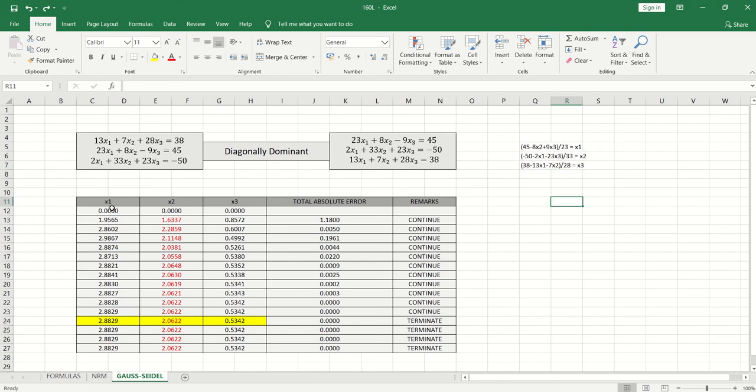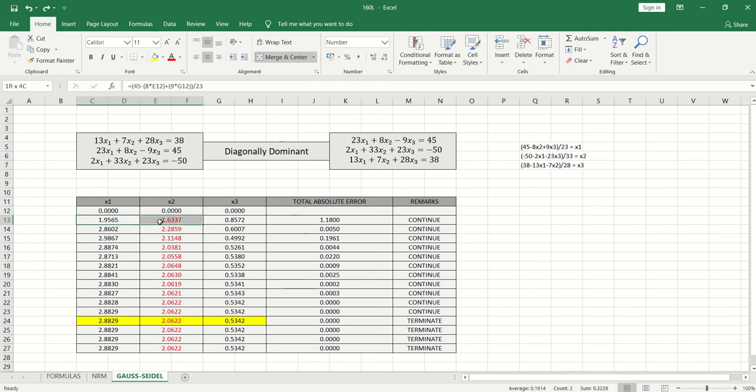Using an initial value of 0, 0, 0 for x1, x2, and x3, it will be substituted to the value of x in the iterative formula. By substituting, we will get 1.9565, negative 1.6337, and 0.8572. A red font means that it is a negative number, so negative 1.6337.